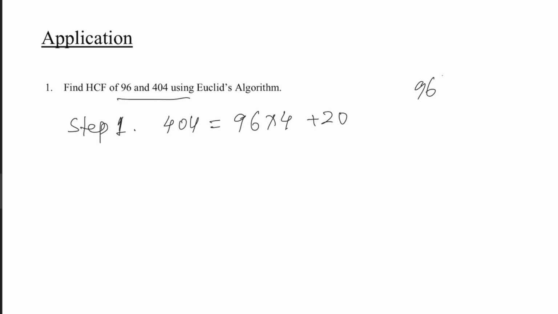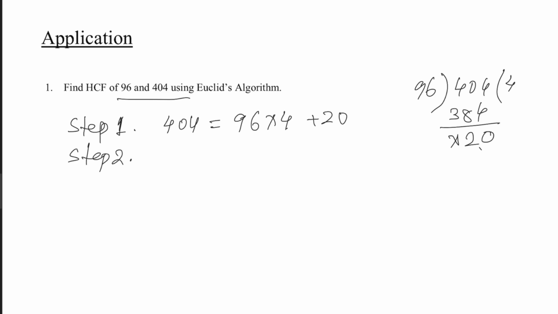Simple division. Just simply divide 404 by 96. 4 sixes are 24, and we get 20 as the remainder. In the next step, 96 is divided by 20, so 96 is written as 20 into 4 plus 16.